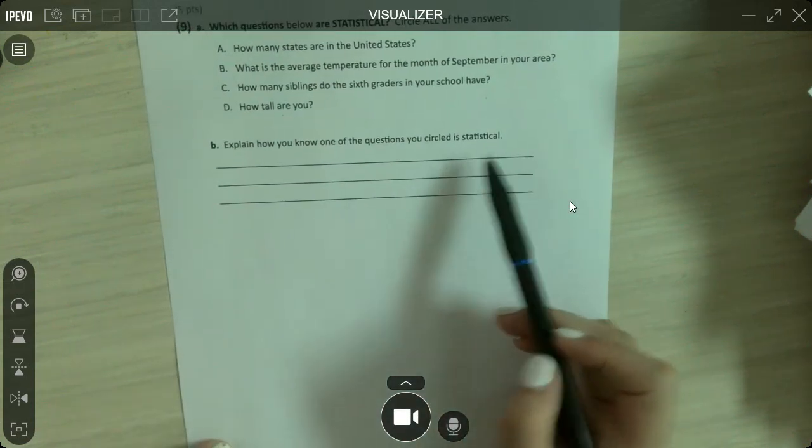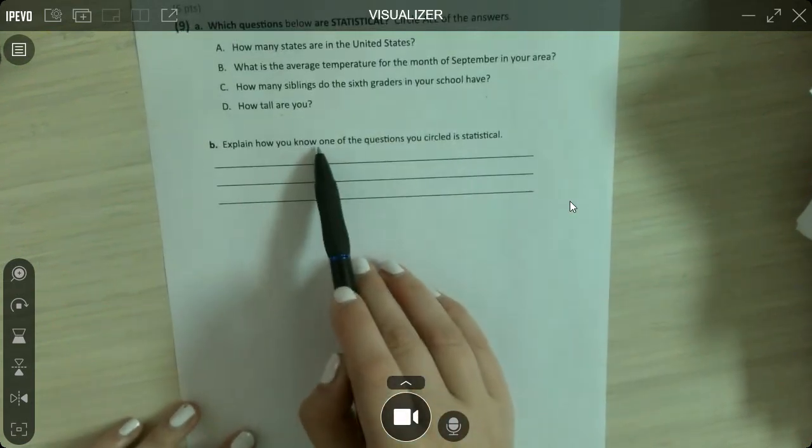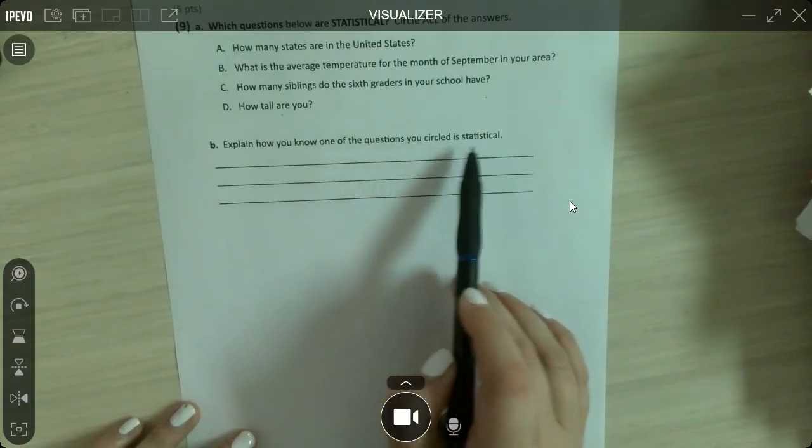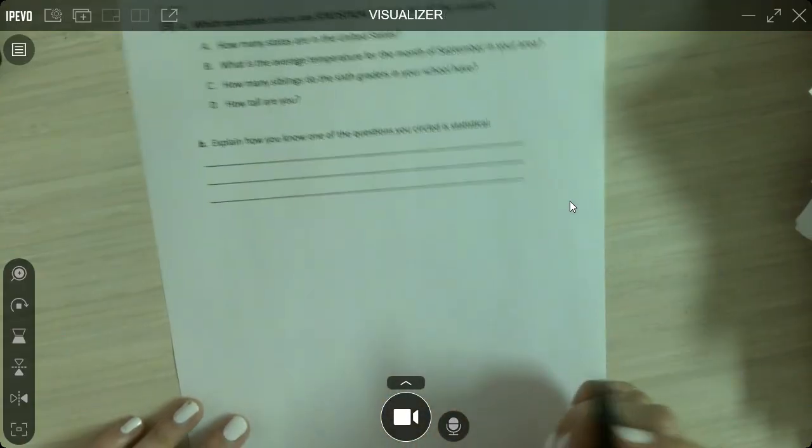And then part B says explain how you know one of the questions you circled is statistical.